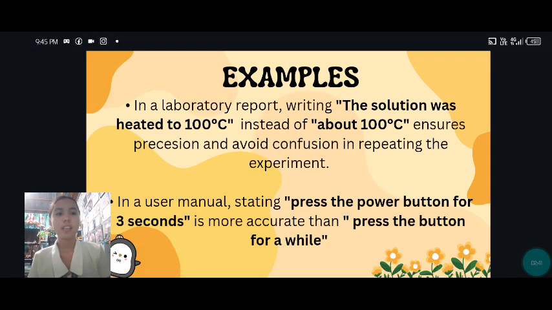Yes. So for the second example, in a user manual, stating press the power button for 3 seconds is more accurate than press the button for a while.